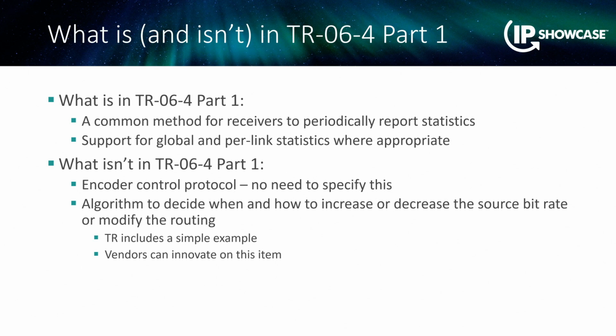And the algorithm to decide how to set the bit rate is also not in TR-06 part 1. It's not there because it's not necessary. You define a framework to provide the information, and let the vendors innovate. It's just like MPEG. You can have two encoders both producing compliant streams, and one looks better than the other. So it's open here. Vendors can innovate.